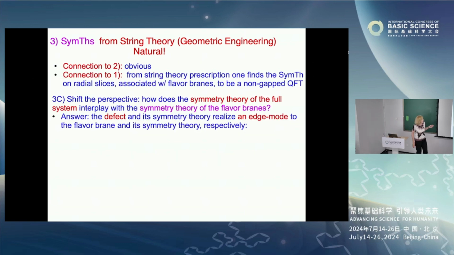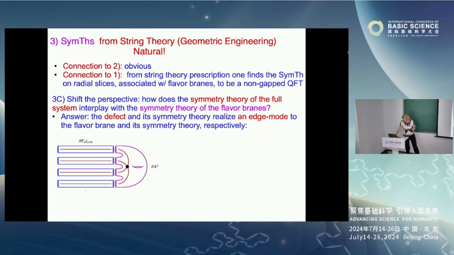And basically, as I said, this is very natural. We have a defect inside a bigger flavor theory of intersecting branes. And so in this case, we can really connect this geometry that we have to the symmetry, interpret this geometry, and deduce the symmetry theory of this full system of flavor branes and the defect at the intersection, and construct the resulting symmetry theories that arise from there.